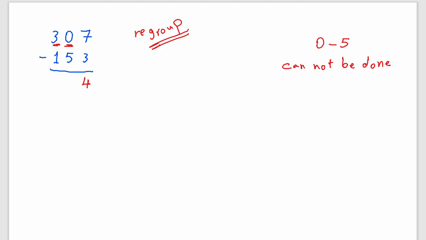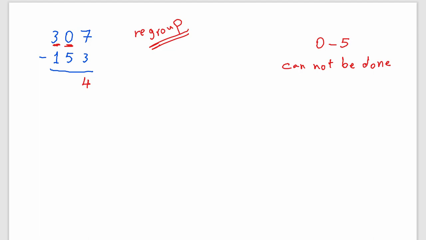Why the tens and the hundreds? Because I want the tens to be another number more than 5, not less than 5. 0 is less than 5. I want a number more than 5. And why hundreds? Because it's the next digit in the greater place value.